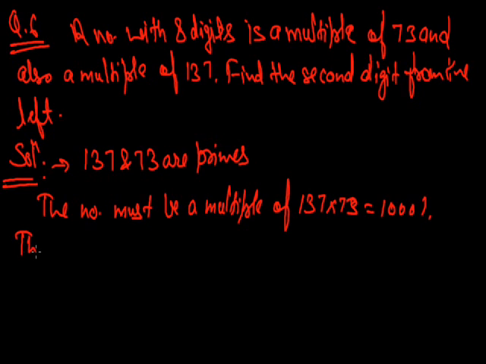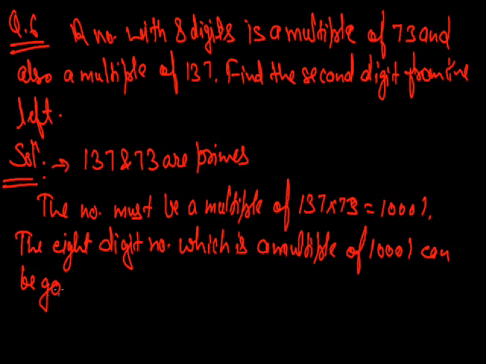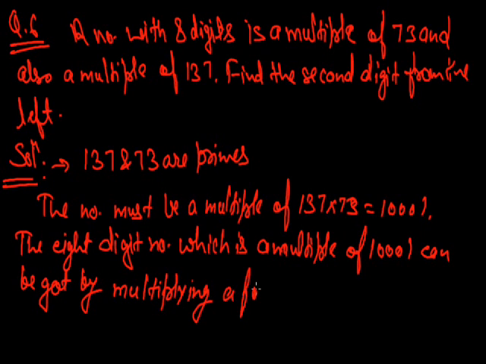The 8 digit number which is a multiple of 10,001 can be got by multiplying a 4 digit number, let's say A, B, C, D, by 10,001.